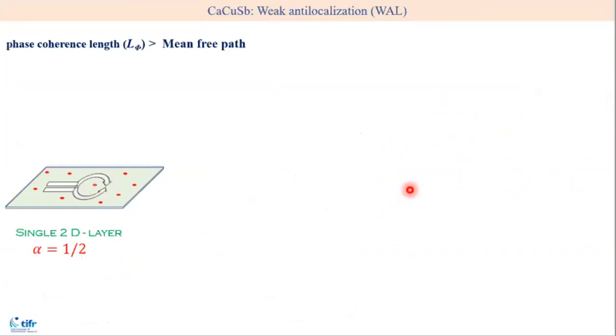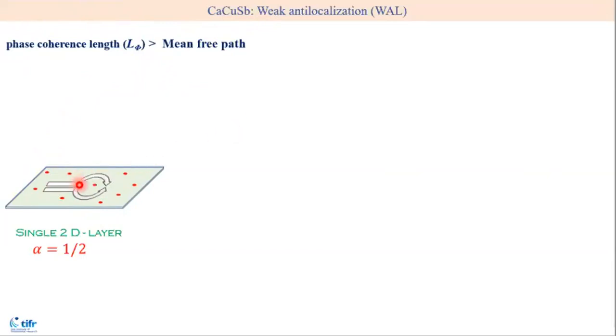As I explained, in the quantum diffusive region, electrons can interfere. So you have the scattering centers here, indicated by the red dots, and you have the electron path. If your weakly disordered system is capable of scattering that may show the interference effect, that happens when the phase coherence length is larger than the mean free path.